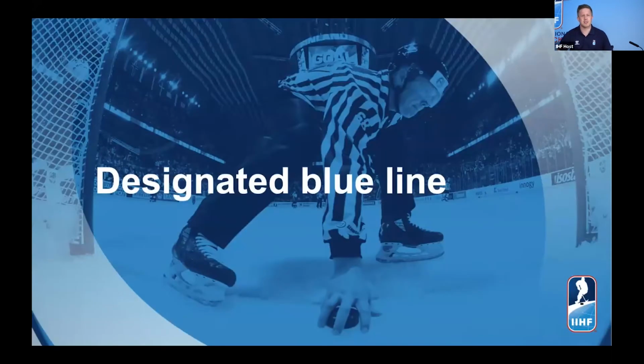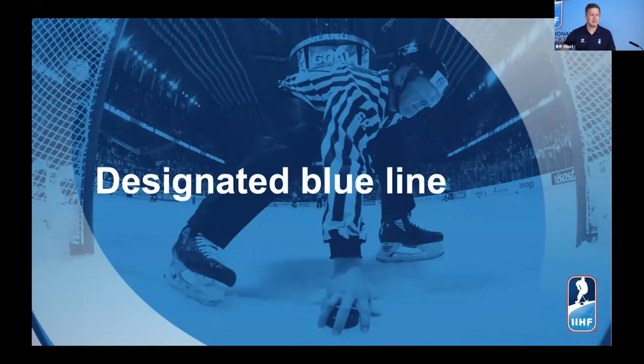So one of the biggest changes that we have, that is mentioned a few times in our document, but hopefully now you will see a little bit more on the practical implementation of what we call the designated blue line. So what is then the designated blue line?